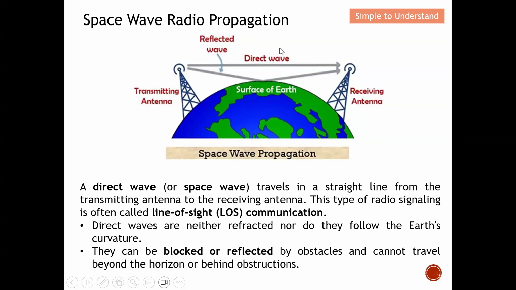Let's say there's a building here which blocks the line of sight, then we cannot classify it as space wave propagation. Or imagine the receiving antenna is much shorter, over here. Then again, we cannot classify this as space wave propagation.